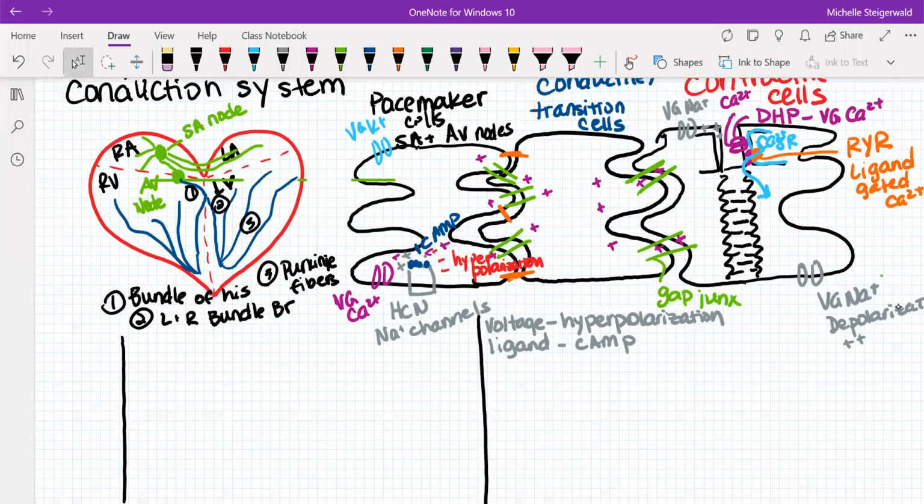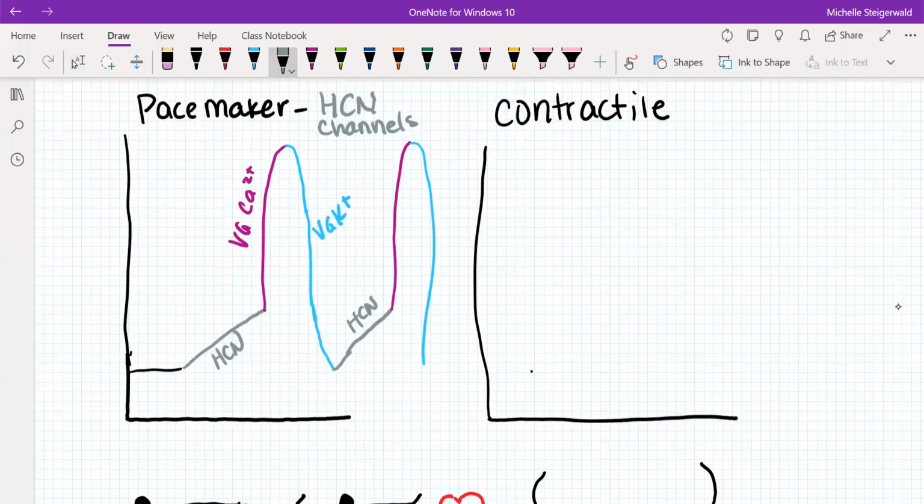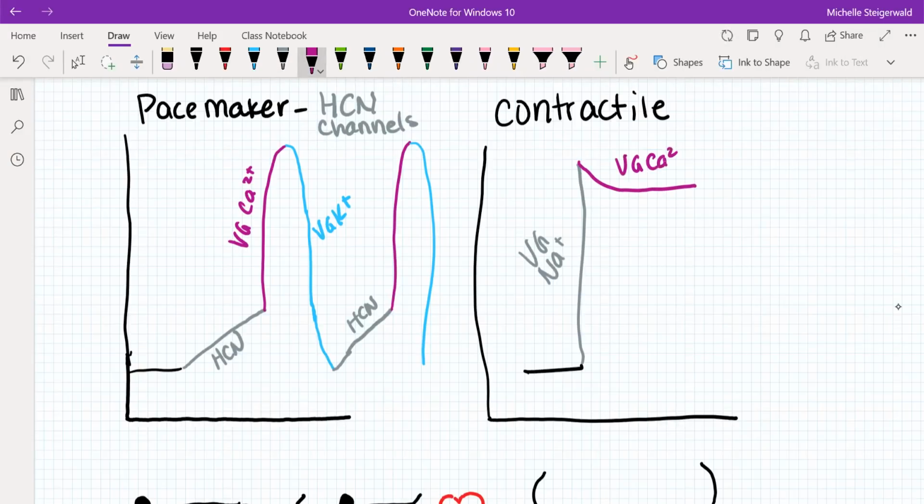Okay, so for contractile, I did gray for purple and I'll say blue. So we'll keep it the same. So here's rest. Here's our voltage gated sodium depolarization. Then we have this voltage gated calcium plateau. And then we repolarize through voltage gated potassium.